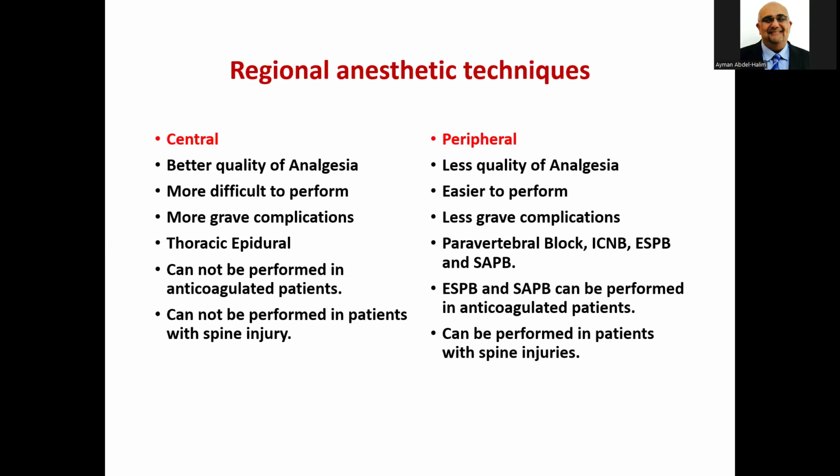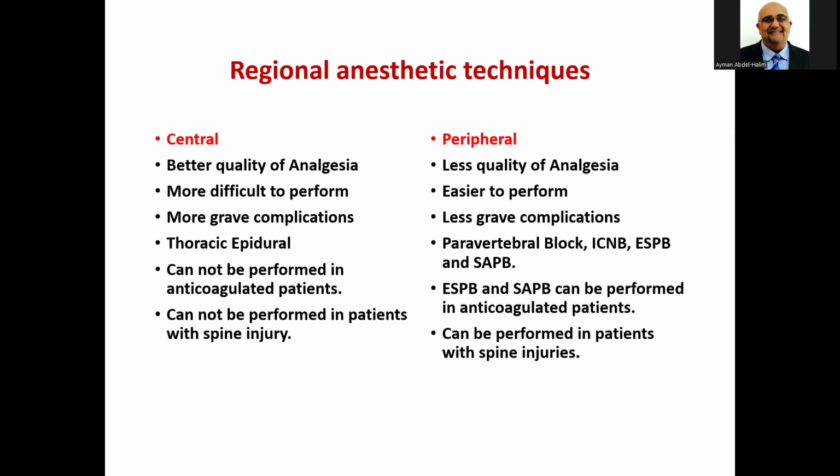This explains to you the different techniques. So there is a tendency to go peripheral. It makes more sense, right? Why should I get into, for example, thoracic epidural hematoma from a thoracic epidural block?